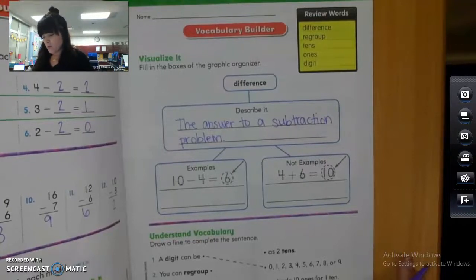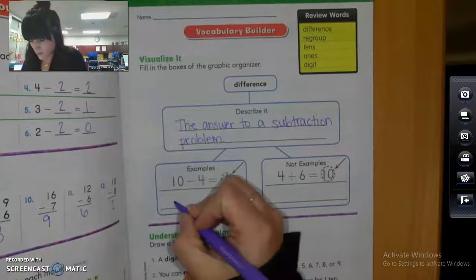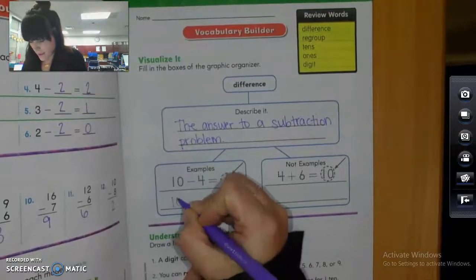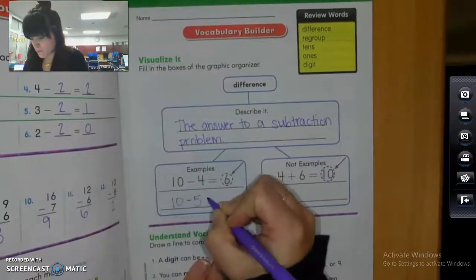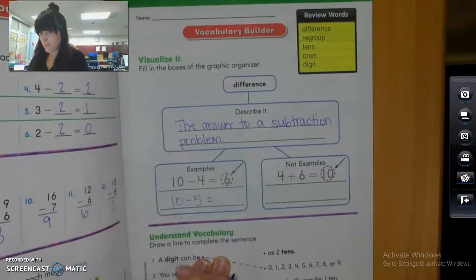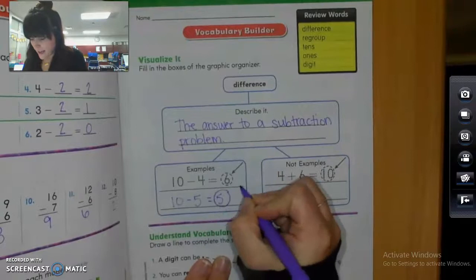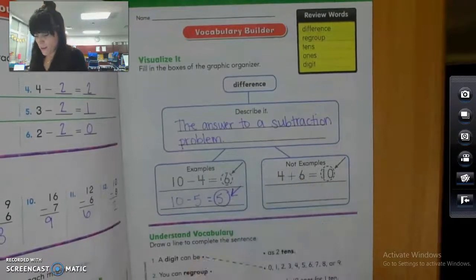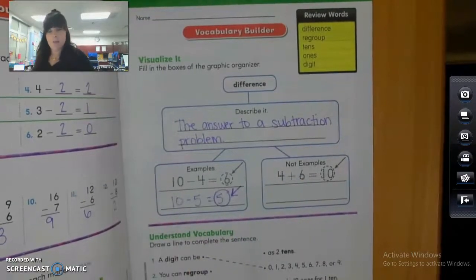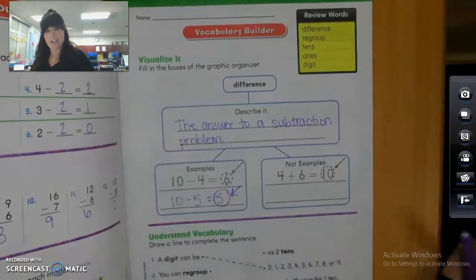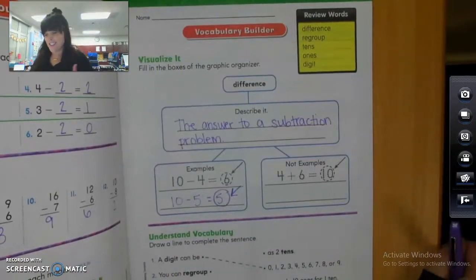What I'm going to do is 10 minus 5 equals 5. And I'll circle that answer just like they did because that's the difference right there. That's the answer to the subtraction problem.